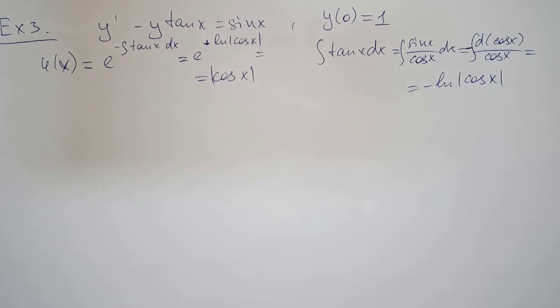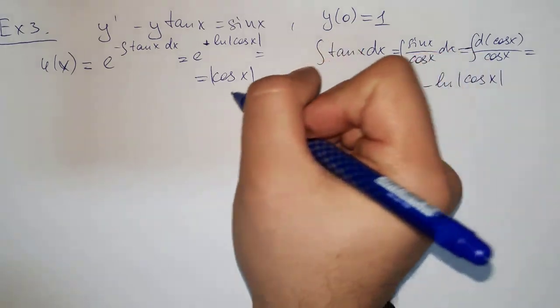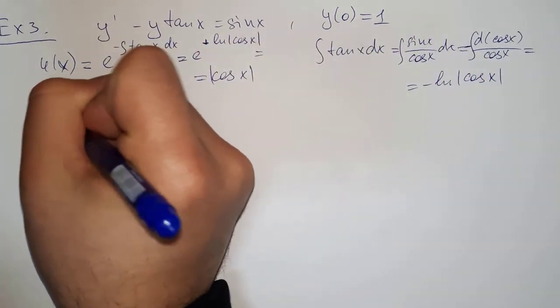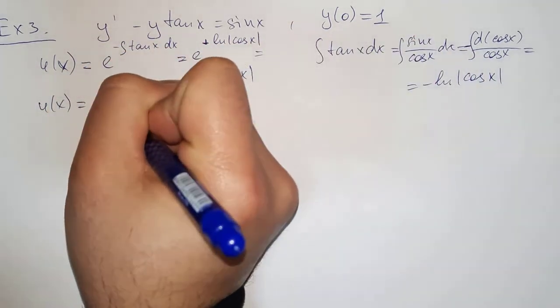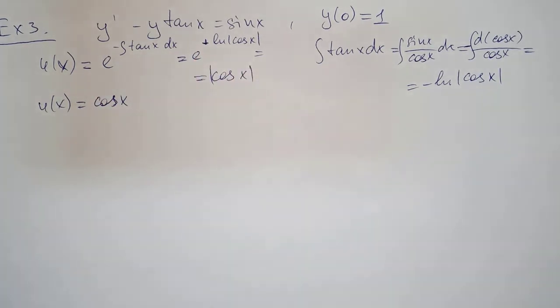This equals cosine x. Now we take our integrating factor function u of x as just cosine x, a positive value.